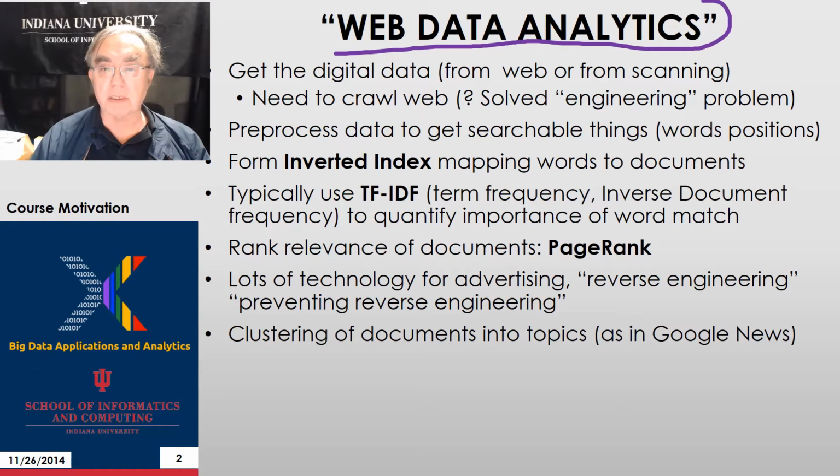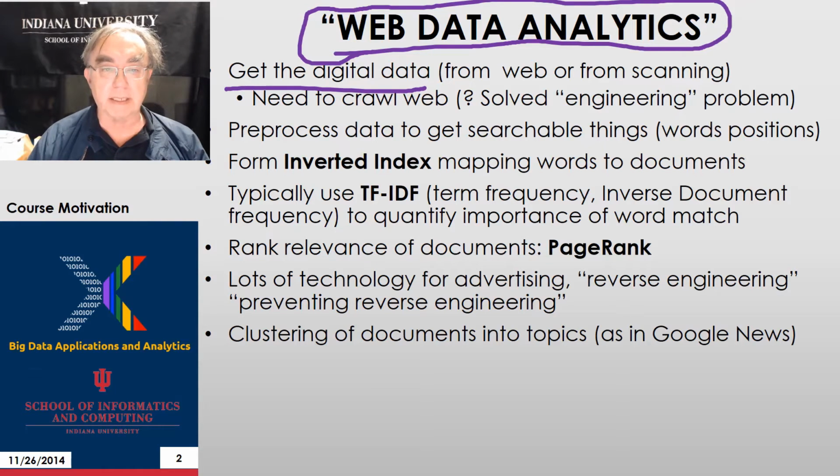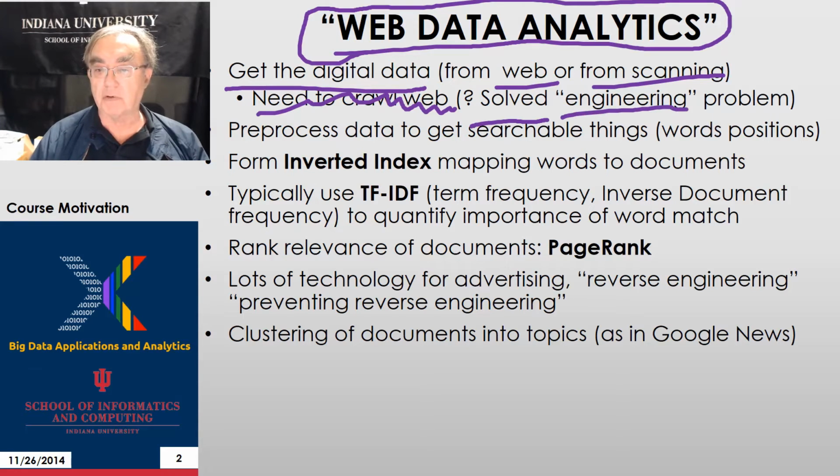All right, so what are the types of things involved if you were doing the analytics for web search and so on? Well, you need to get the data. You have to get it from the web, or you have to scan it all in like Google Books. So that means you need to crawl around the whole web, and that, as far as I know, is a non-trivial but effectively solved problem.